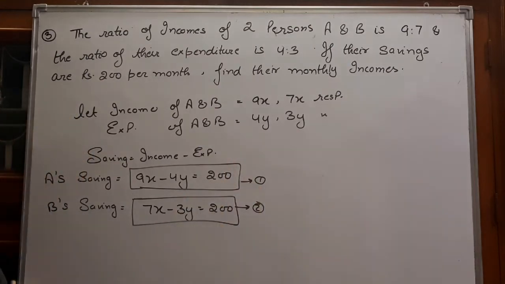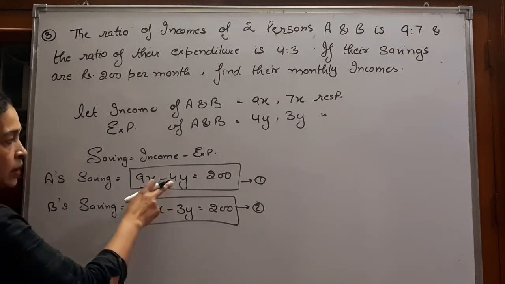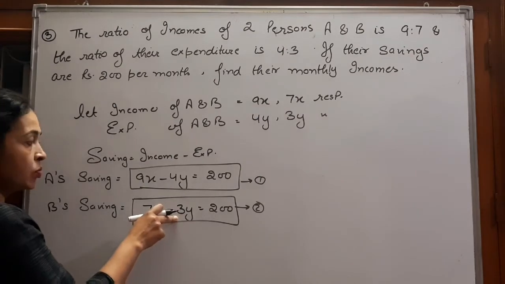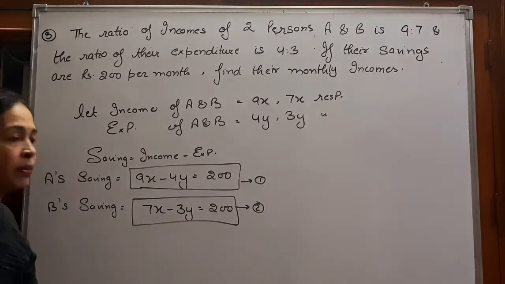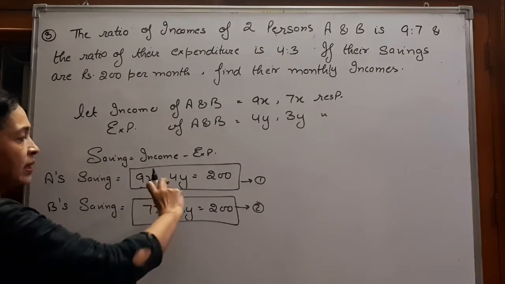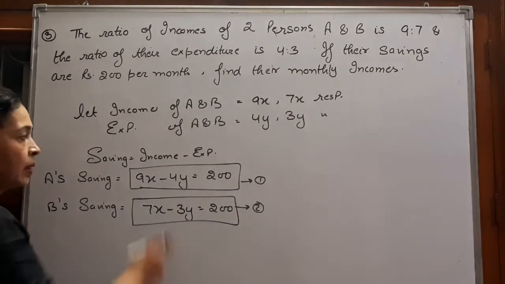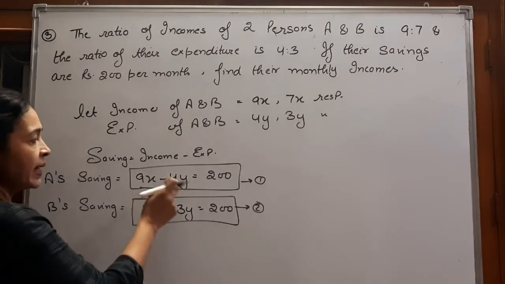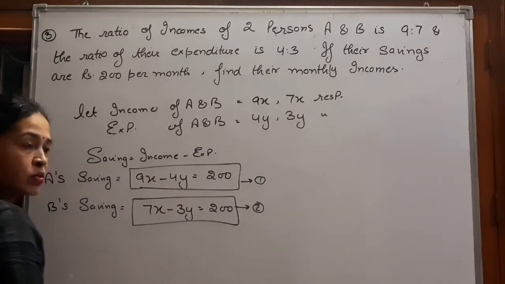Now we have to solve these equations to find the value of x, which is the monthly income. We will solve it by the method of elimination. The coefficient of y is minus 4, here we have minus 3. By which number will we multiply the equations so that the coefficients become the same? LCM of 4 and 3 is 12. We will make the coefficient of y as 12.